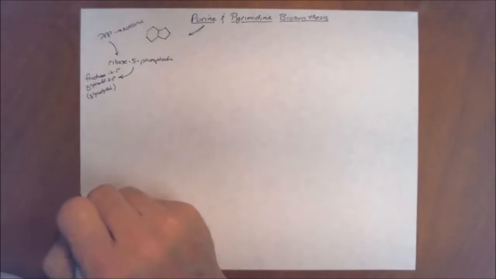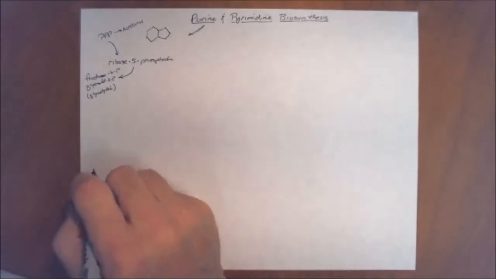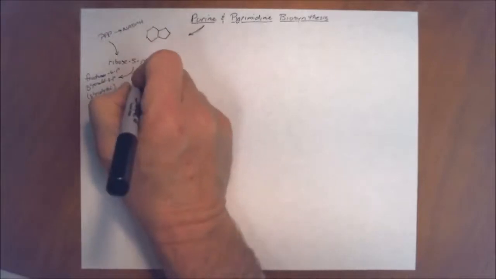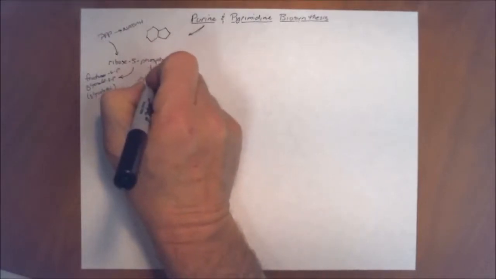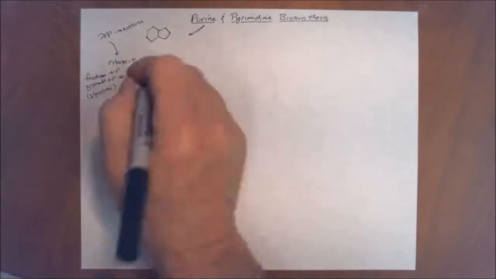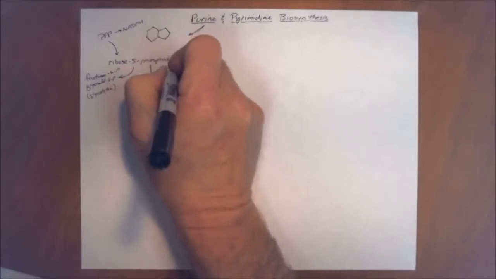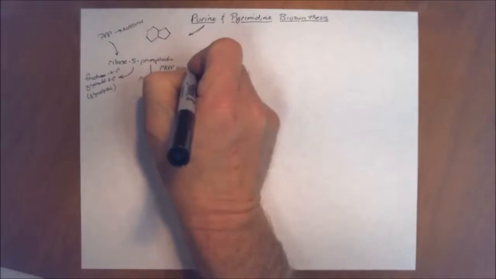Now, if we need ribose 5-phosphate, we will proceed down a path of generating PRPP. So this step is mediated by PRPP synthase.